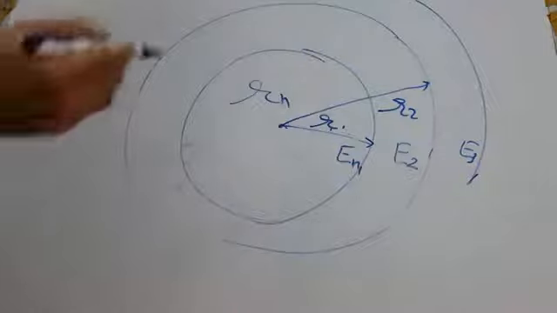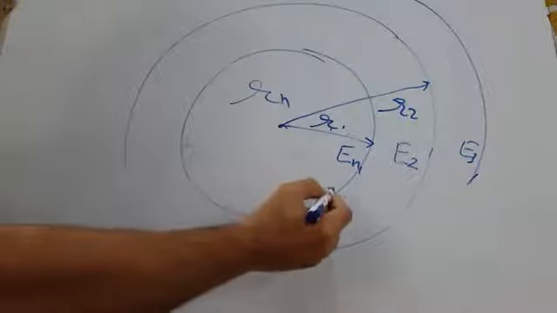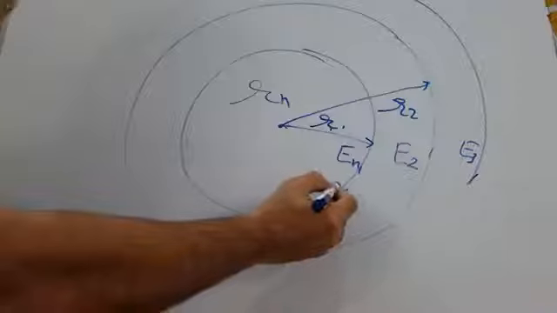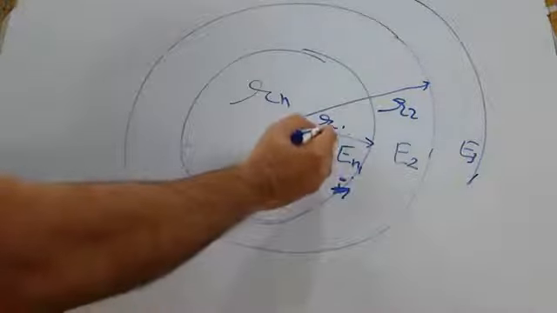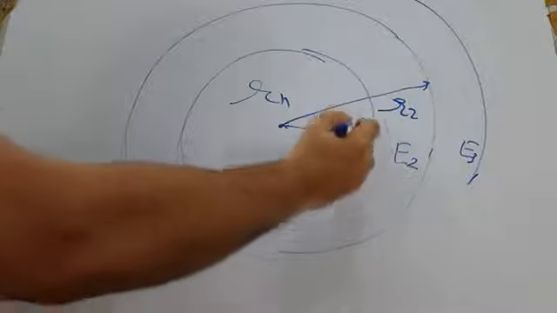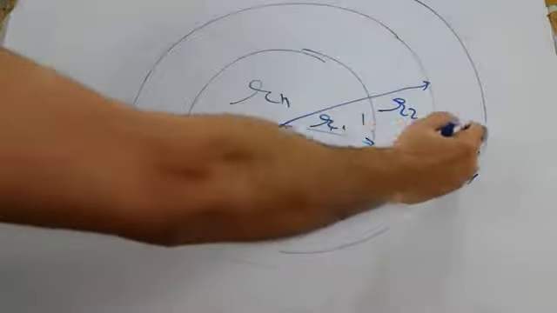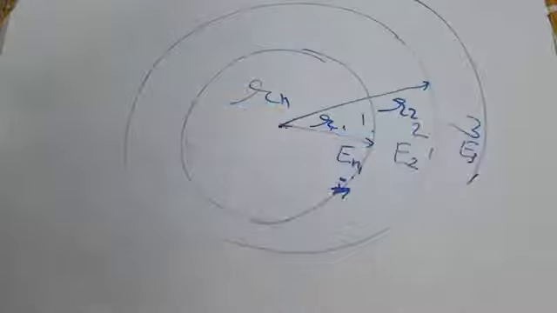From that we can also calculate the velocity of the electron in the first orbit, second orbit or third orbit.